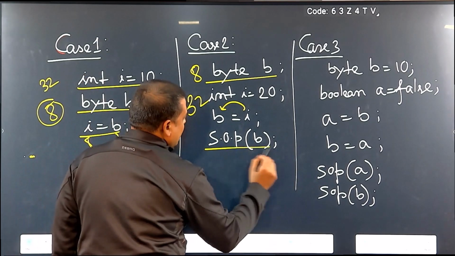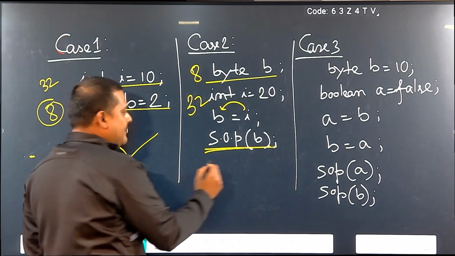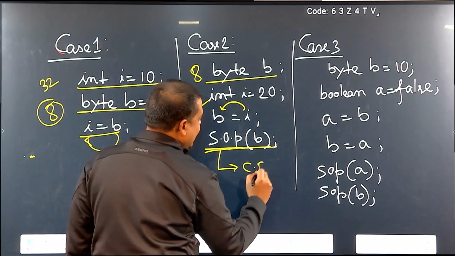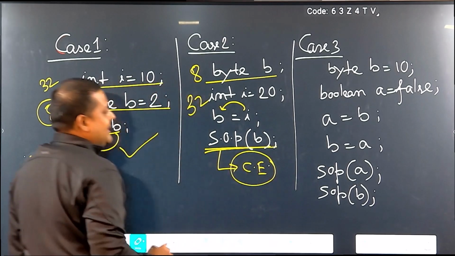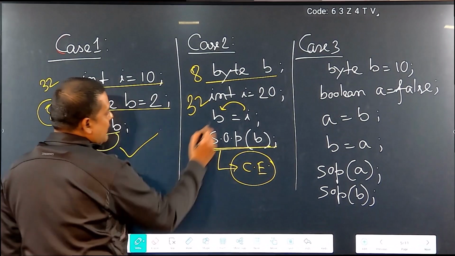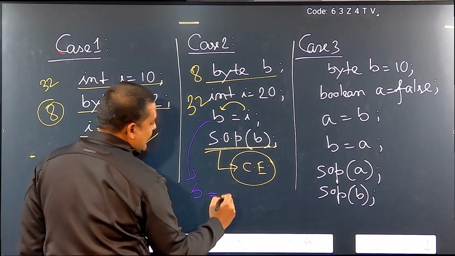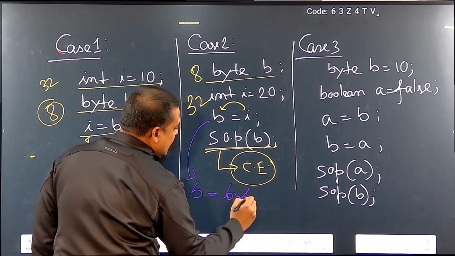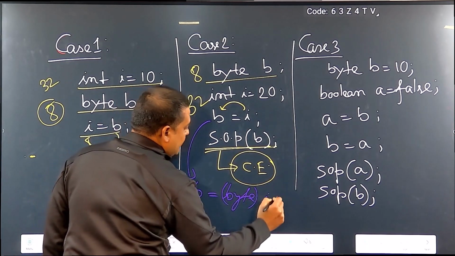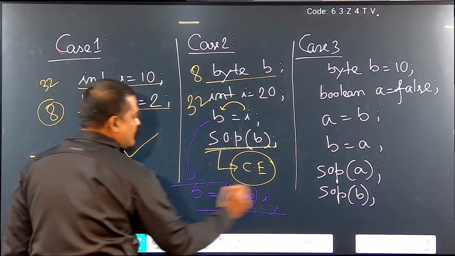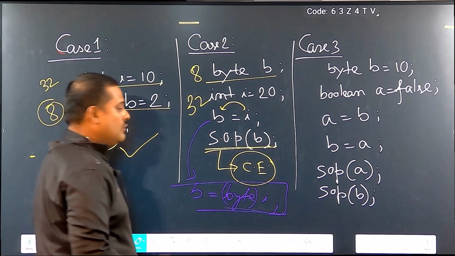This will raise a compilation error. To make it correct, we have to convert. If we write b equal to (byte) i, then we are able to convert the value.